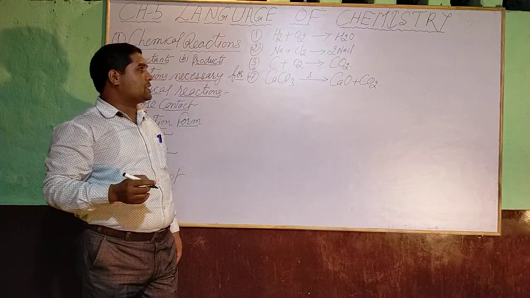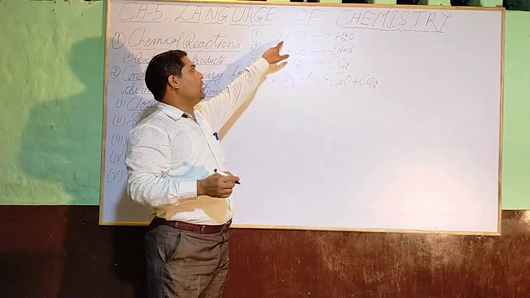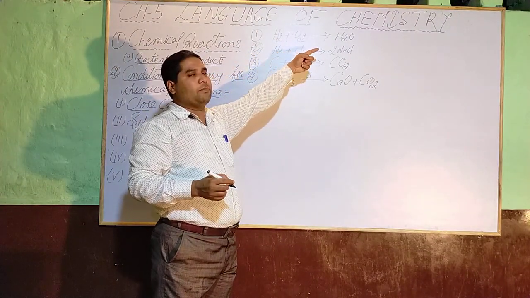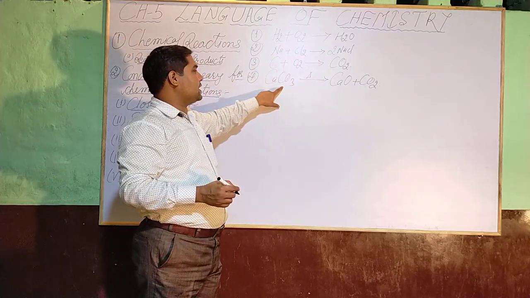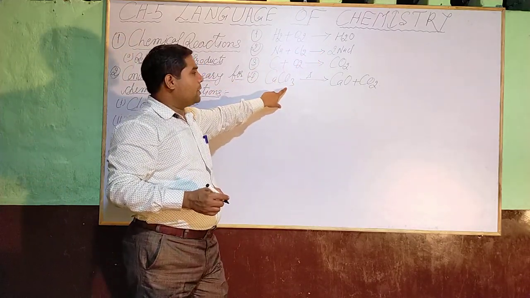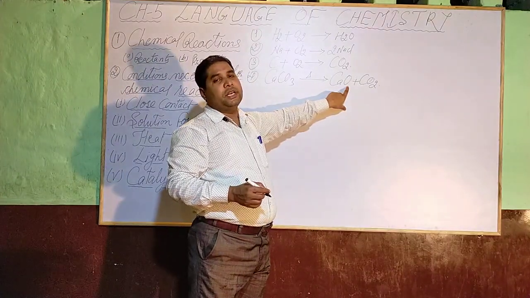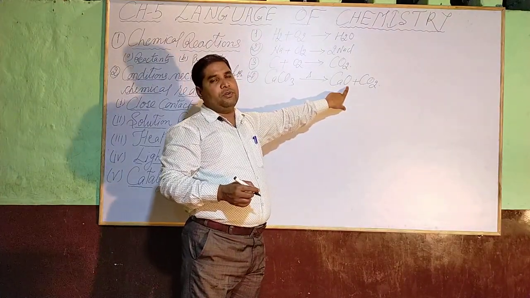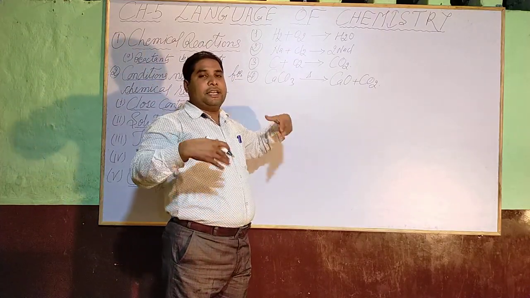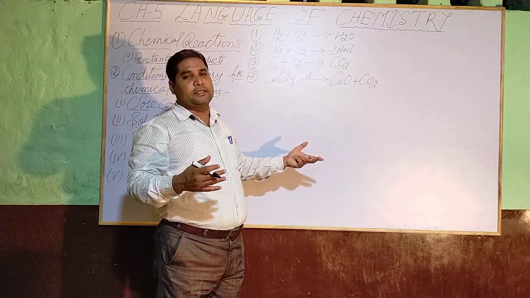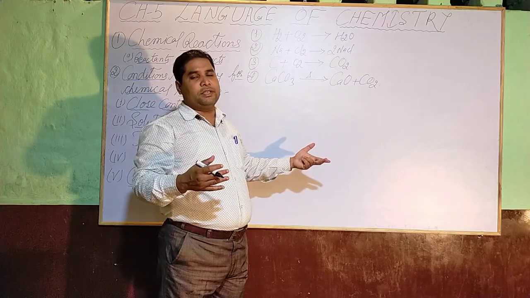So dear student, you can see here two elements combine together and form one new product, whereas one compound breaks into two new products. So this is known as chemical reaction, and the change takes place due to chemical reaction. I hope you understood it.